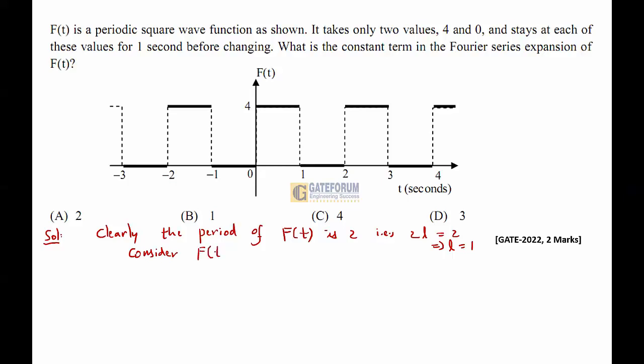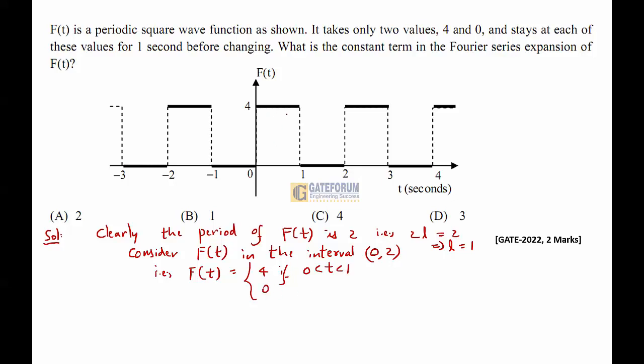Consider f of t in the interval 0 comma 2, open interval or closed interval. From the graph, f of t is equal to 4 if 0 less than t less than 1.